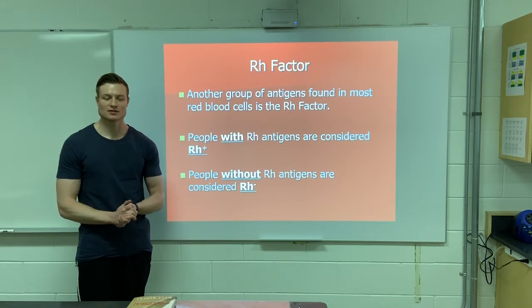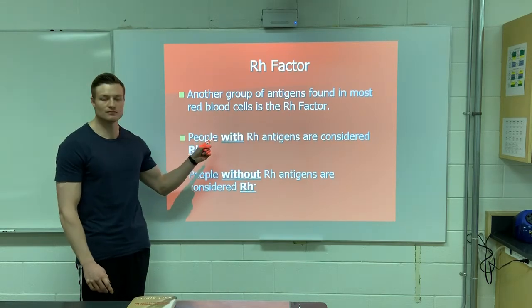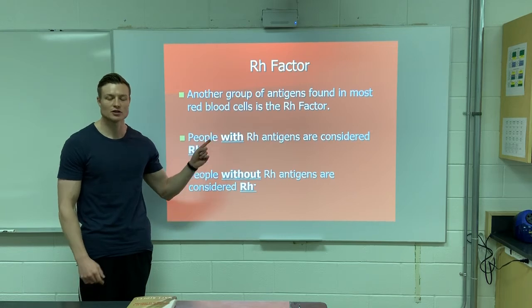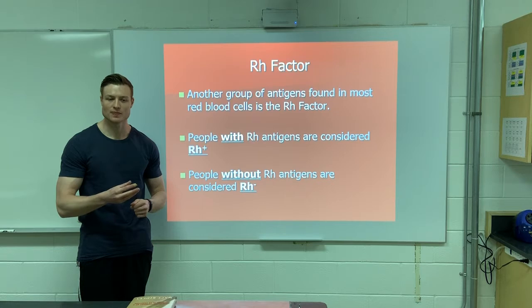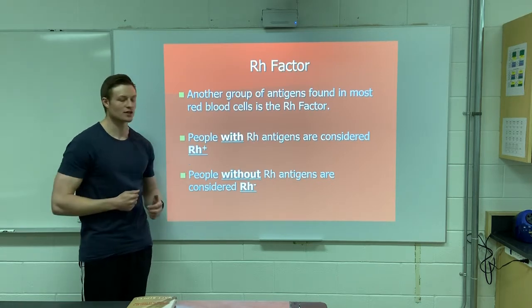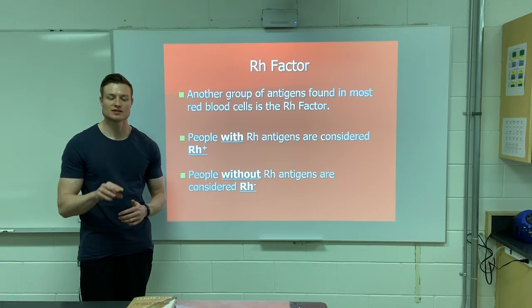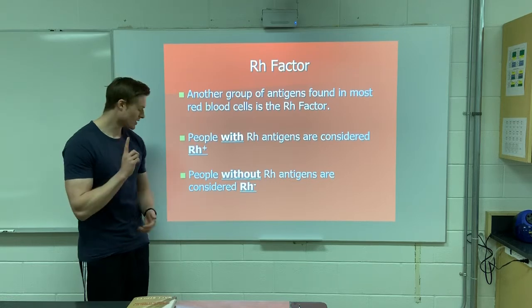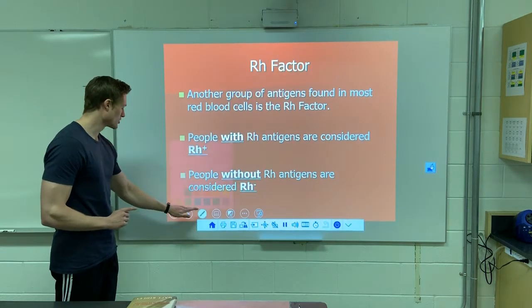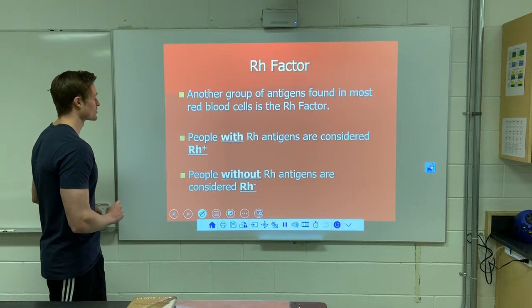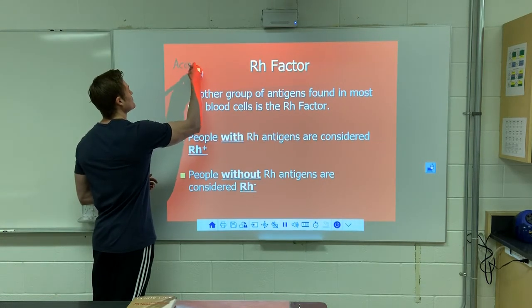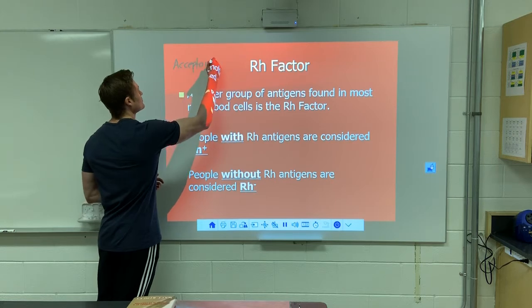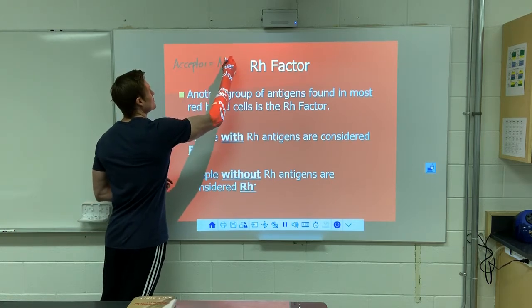So what happens here is, if you have the Rh antigen, you can receive positive blood or negative blood. But if you don't have the Rh antigen, you can only receive negative blood, which makes our true universal acceptor AB positive.